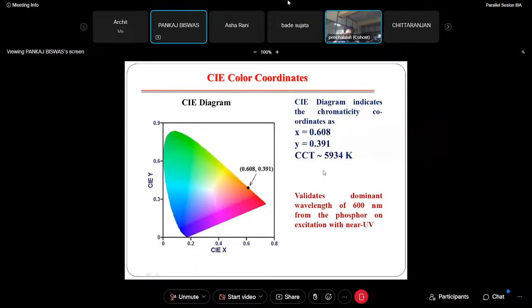Okay, these XY coordinates are used to obtain the CCT temperature, which is the correlated color temperature, about 6000 Kelvin. This also validates the dominant wavelength of the phosphor to be 600 nanometer, which is found at the edge of the color gamut.